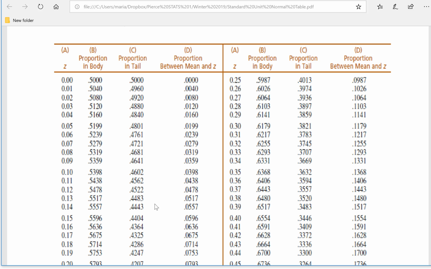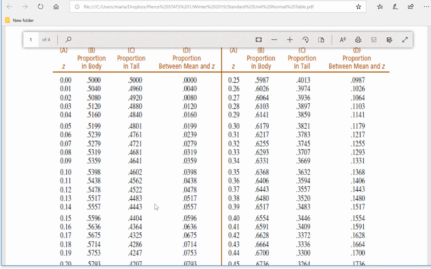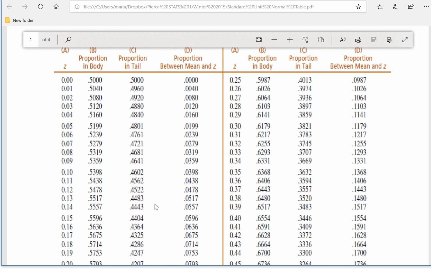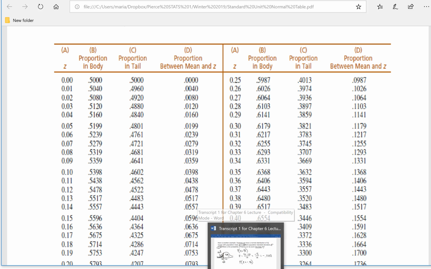It's symmetric, so what happens on one side is the same thing that happens on the other side. So it doesn't matter whether you're looking up a negative or a positive Z-score. So we're looking at 0.33 in the tail, and our probability is 0.3707.